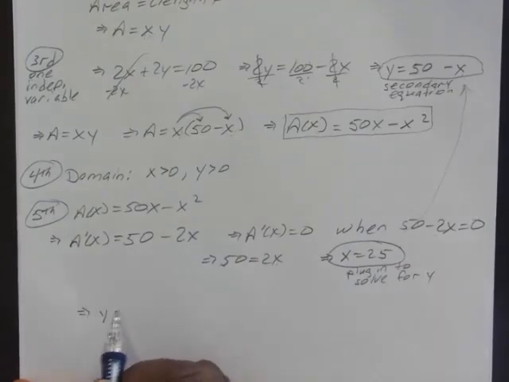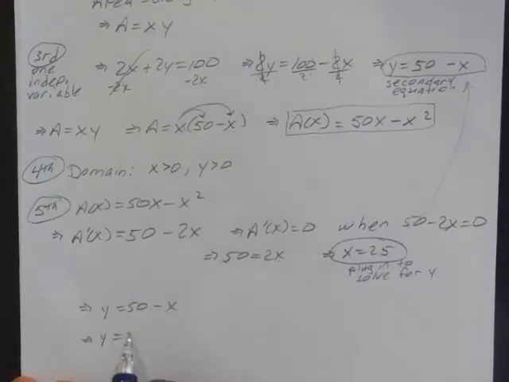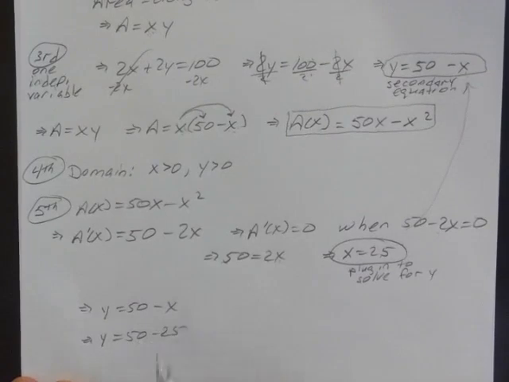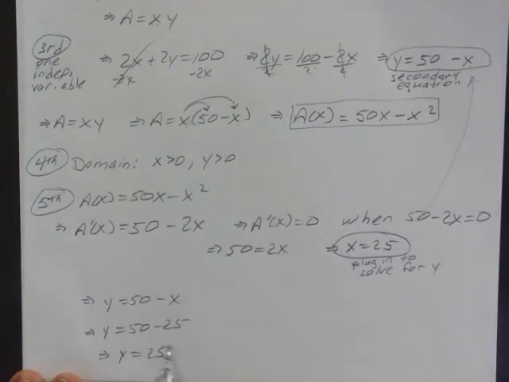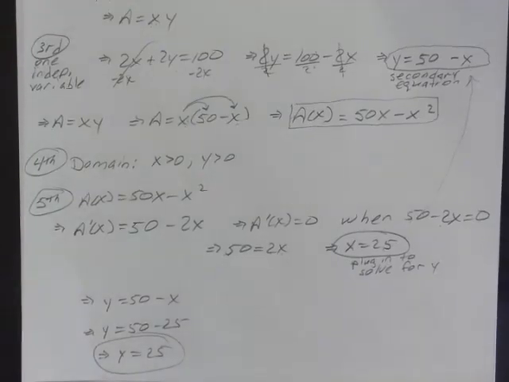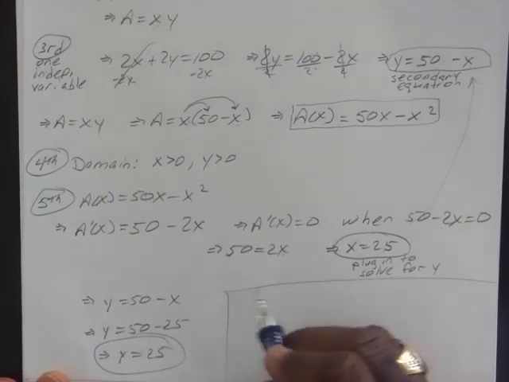So we know that y equals 50 minus x. Since x is 25, we have y is equal to 50 minus 25, or y is equal to 25. Now, these are not always equal. I know the first two examples were both equal. That's not always the case. That's sometimes the case, but not always. So I don't want you to think every time it's going to be equal.